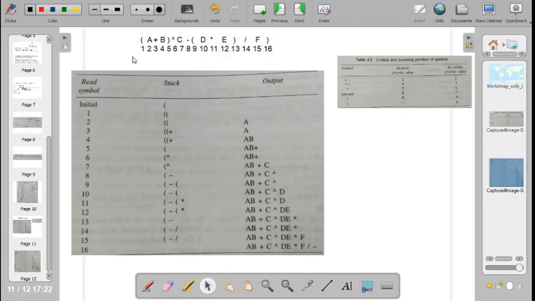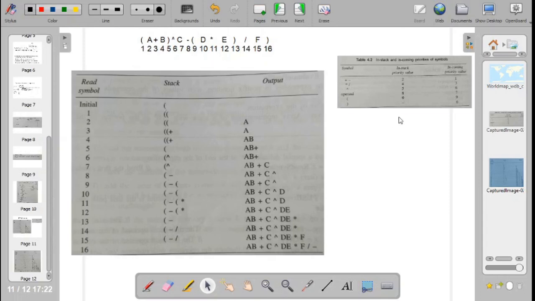Now we move on to the next symbol, number 2. When 2 is read, what happens? 2 is actually an operand. So the algorithm says when an operand is read, you just have to output it. So it is output here. Now we move on to the third symbol, which is plus, an operator. When an operator is read, we have to compare the in stack priority of the top of the stack and the incoming priority of this operator.